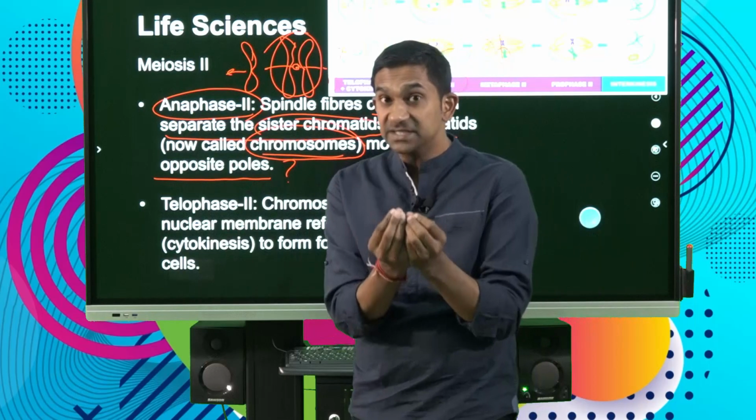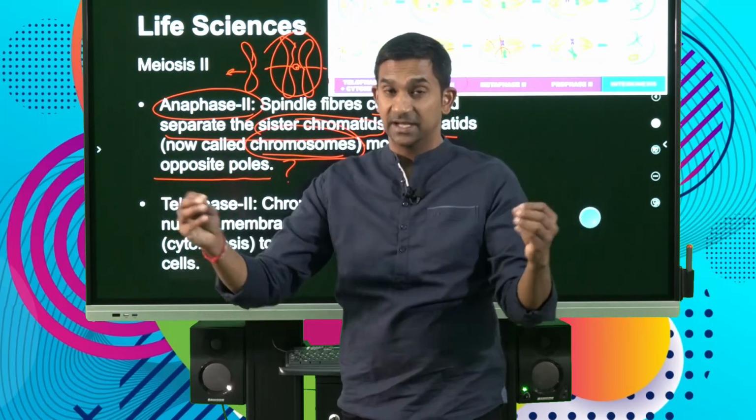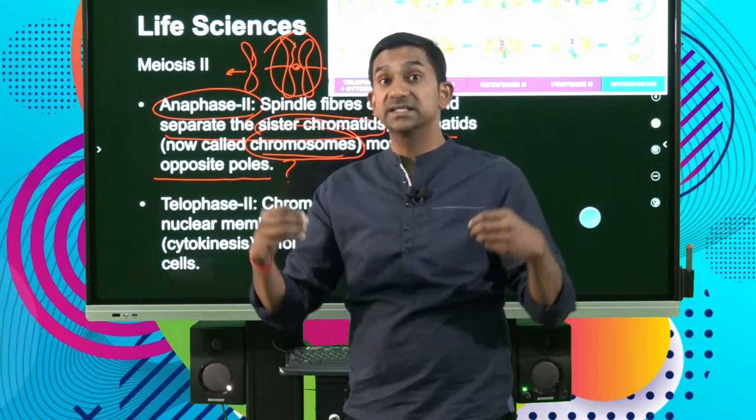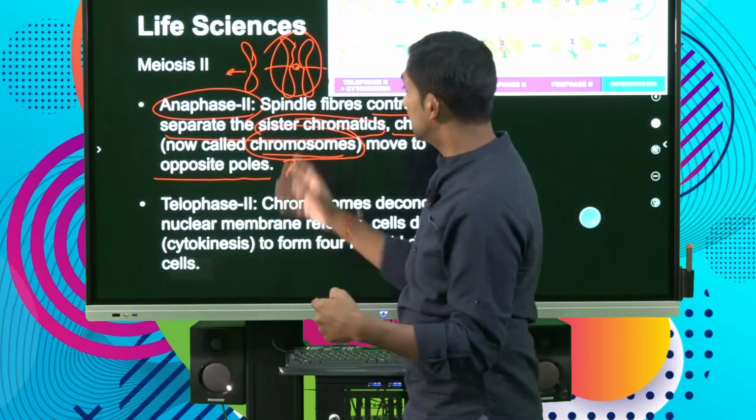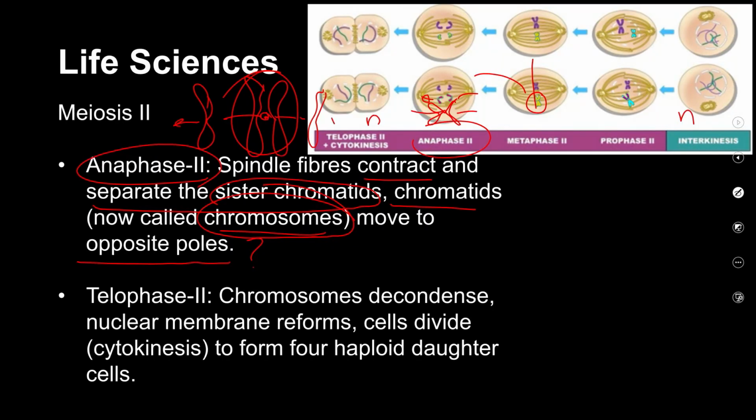So we still keep the same genetic information, except that we're moving them to the opposite sides. And that is why essentially we find that each cell at the end has the same number of chromosomes that we started off with. So if we have N here, these will still have N number of chromosomes in each of them.